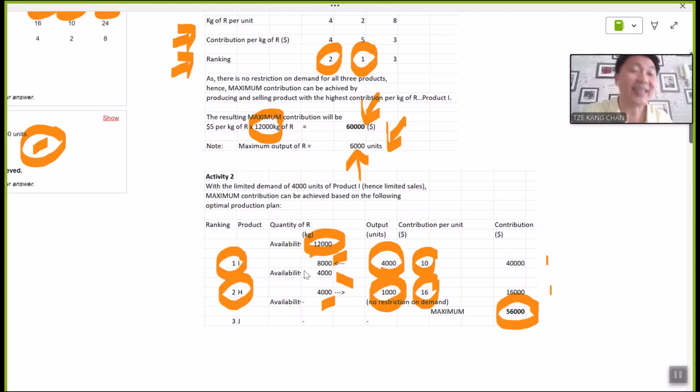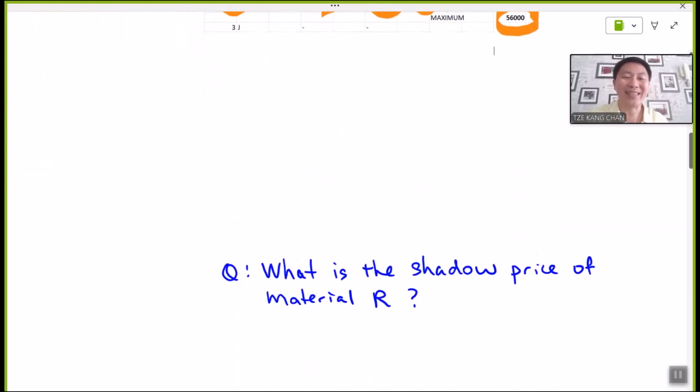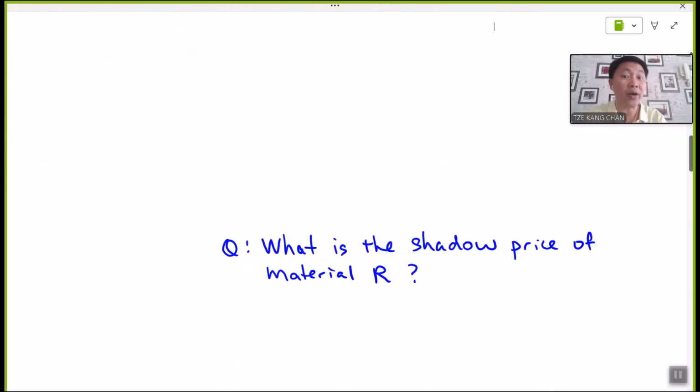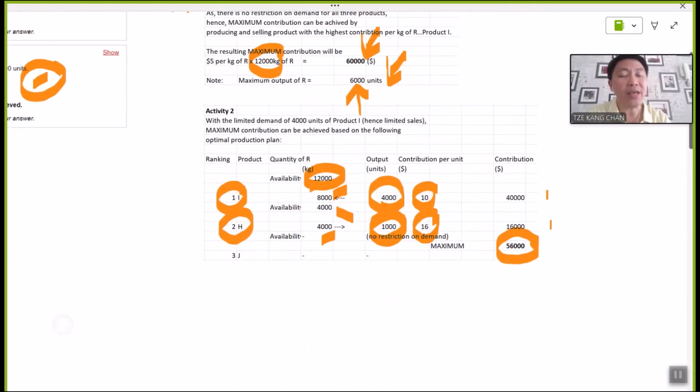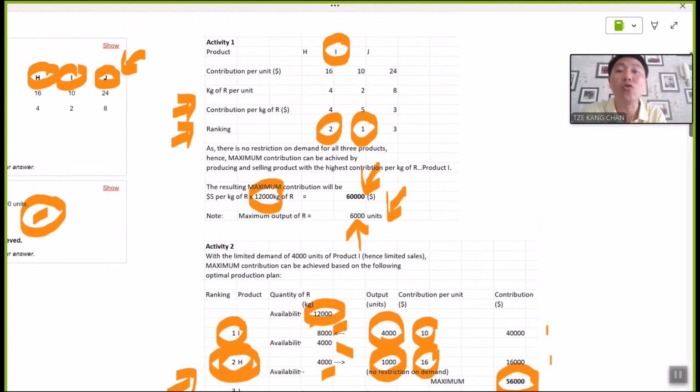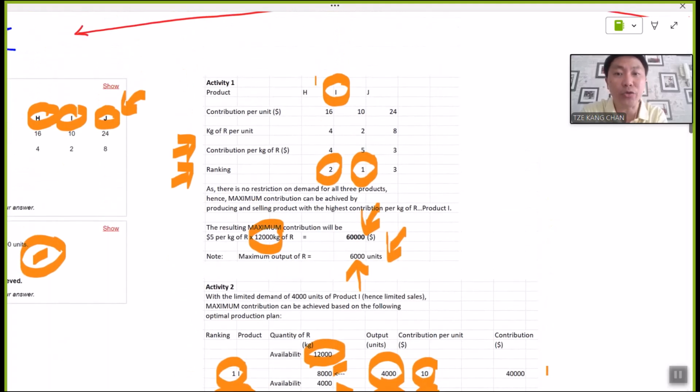Well guys, here comes the golden question. What exactly is the value of shadow price for R if R is made available with one additional kilo? Given that the demand for H still remains unlimited, with one additional kilo of R, it is worth spending to produce additional units of H, which is called unfulfilled products.